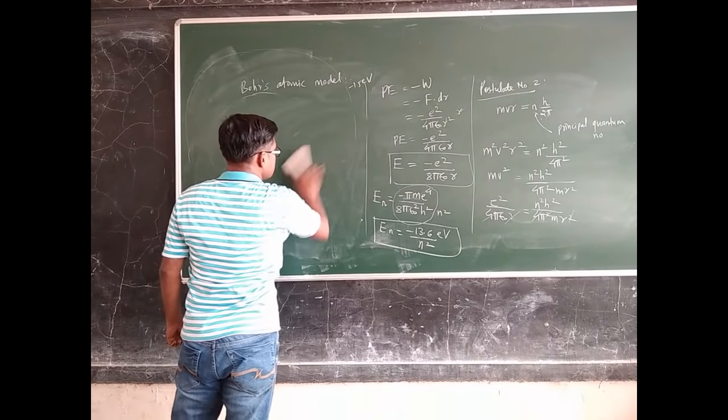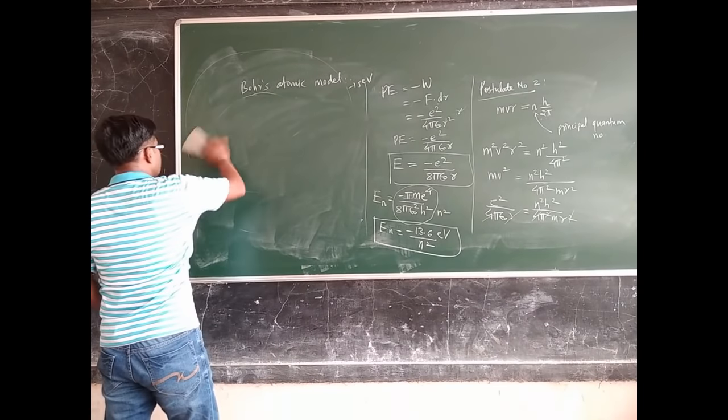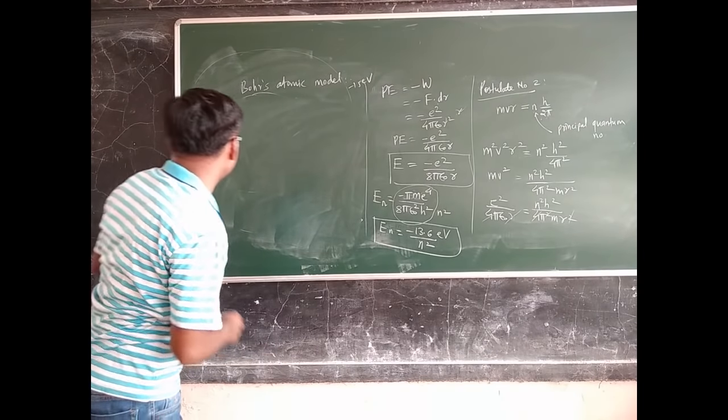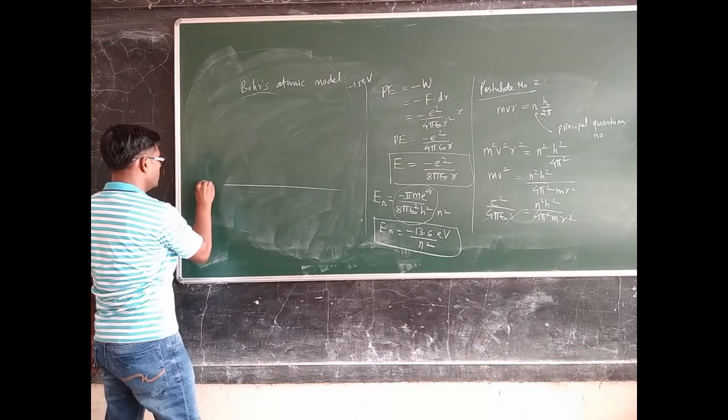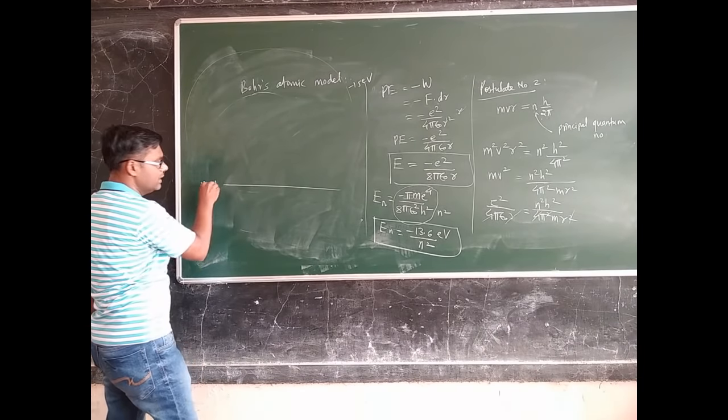The energy levels can also be shown in this way. Suppose that this is one energy level for the electron in the quantum number 1.